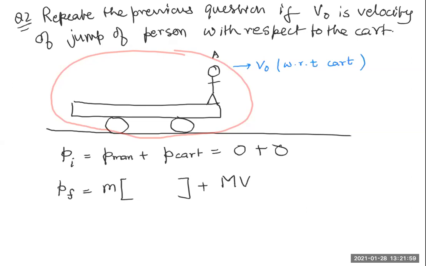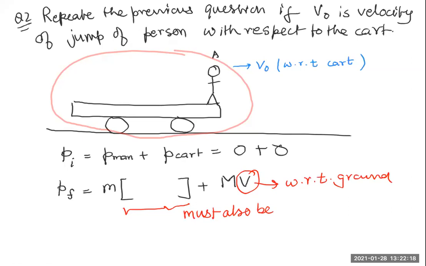So now here is the catch. The catch is that this velocity is measured with respect to the ground. So this velocity must also be measured with respect to the ground.